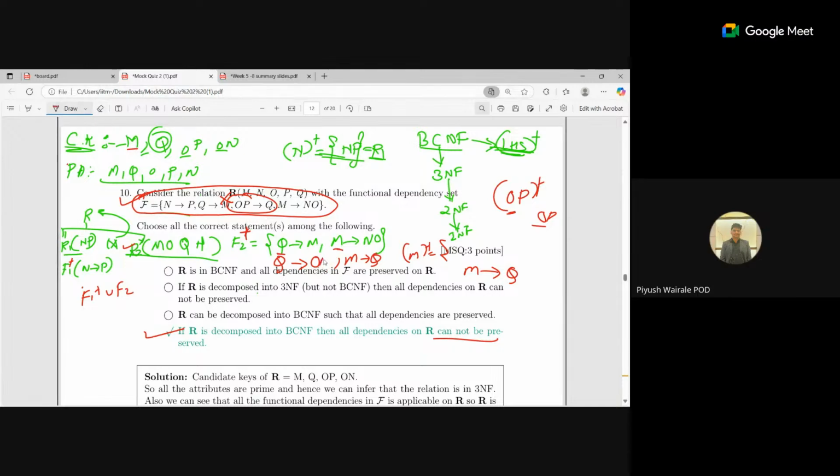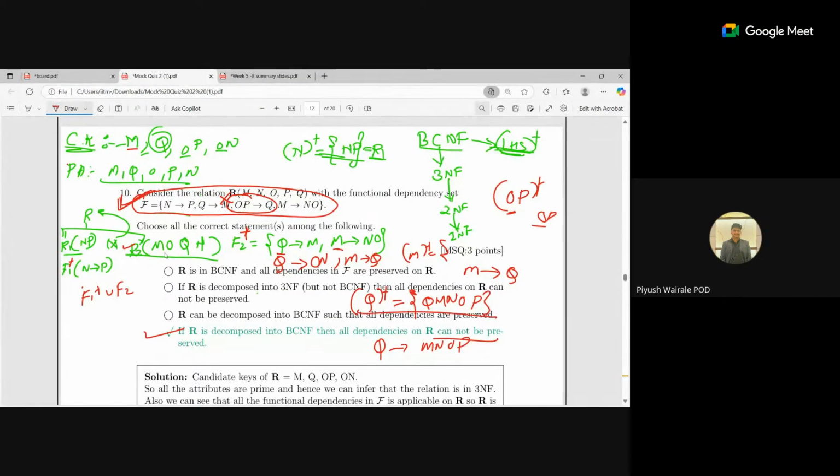And so what we said, whenever you are finding the closure of an attribute, take a closure of Q based on the parent functional dependency. So Q can determine M. From M, it can determine N, O, and N can determine P. It means Q can determine M, N, O, P. We can write like this.